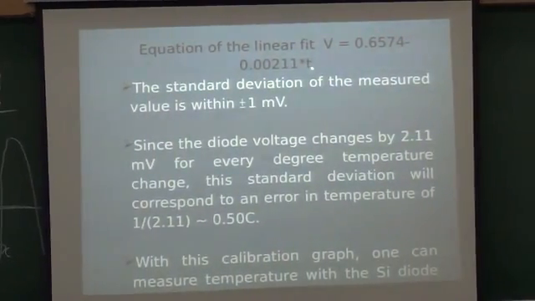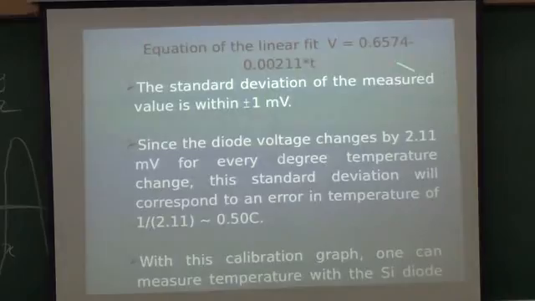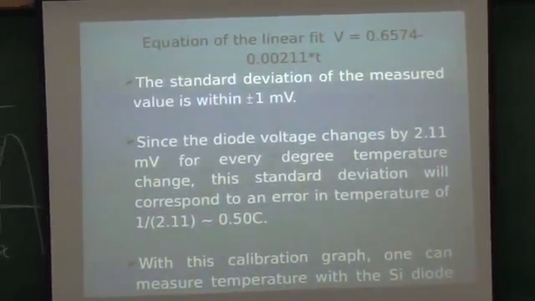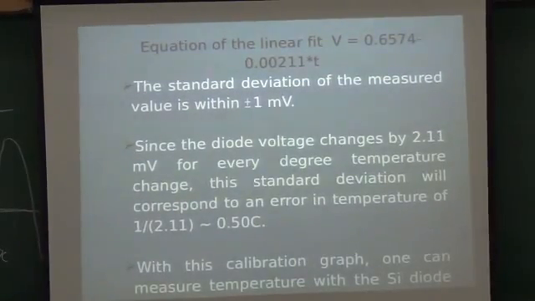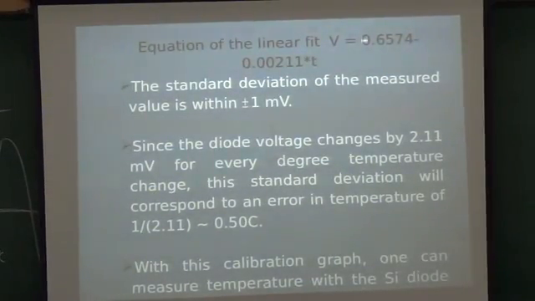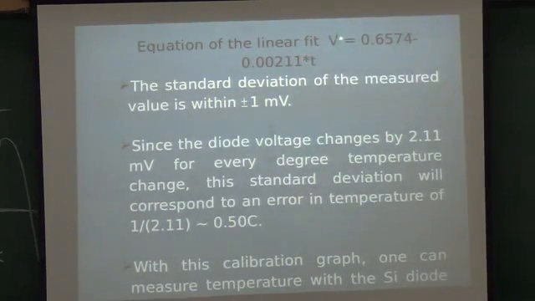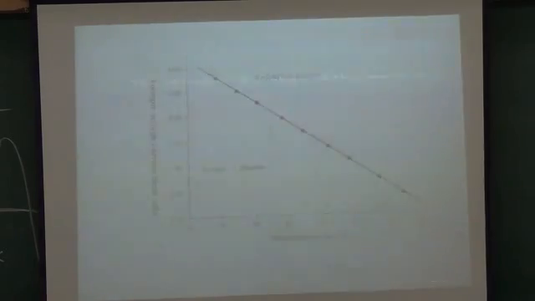The standard deviation is the square root of the difference between the measured value and the calculated value, because we have measured V as a function of T. We fit a graph between V and T, and by taking T as a variable we can find the calculated value. We take the difference between the calculated value and the measured value, and from there we find the standard deviation.